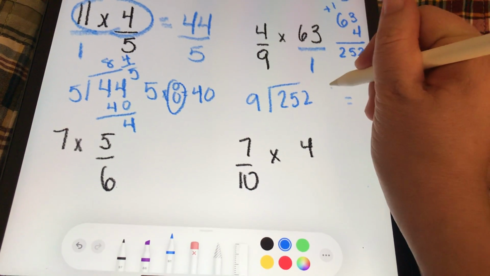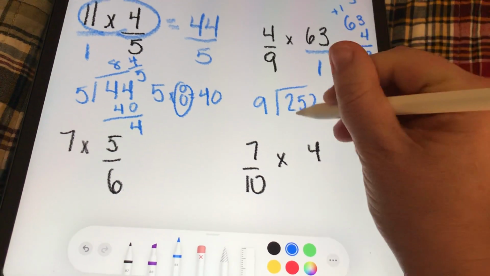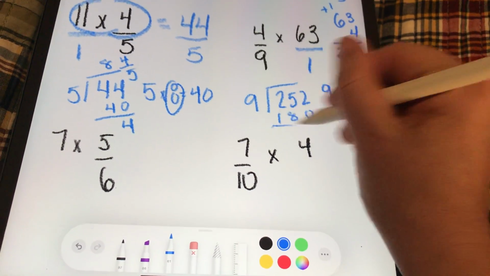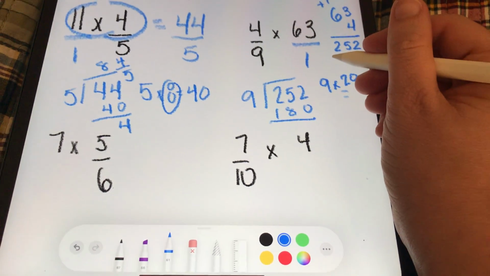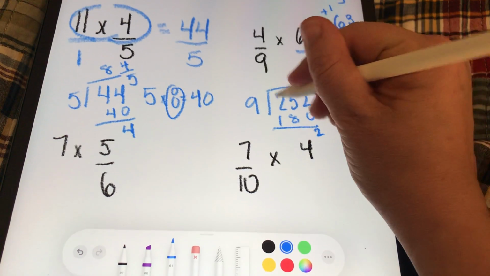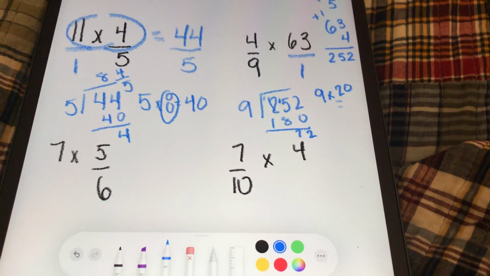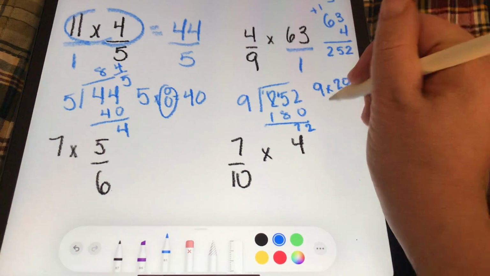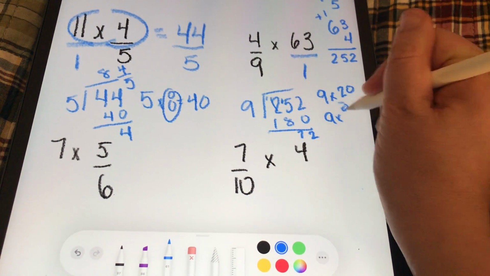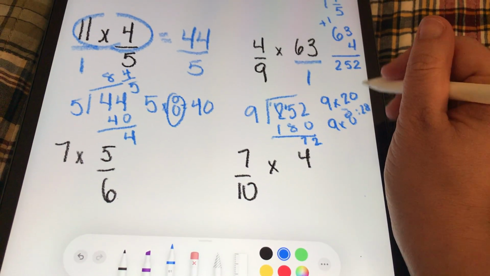Well, I know 9 times 20 gives me 180. Remember, we want to make sure we're still getting 28. 252 minus 180 leaves 72. I know 9 times 8 gives me 72.